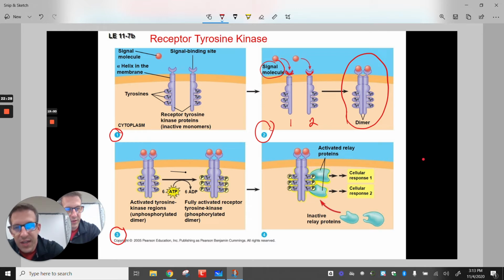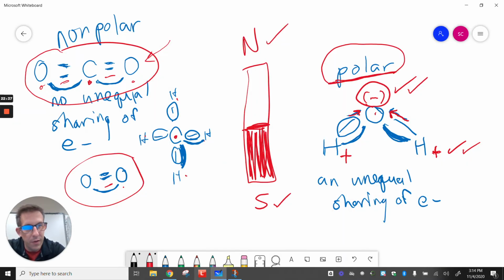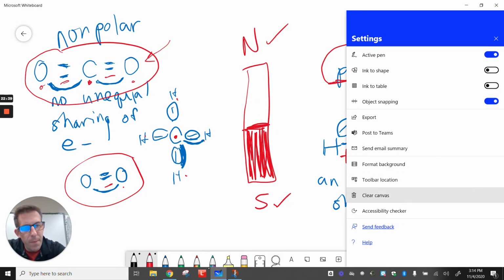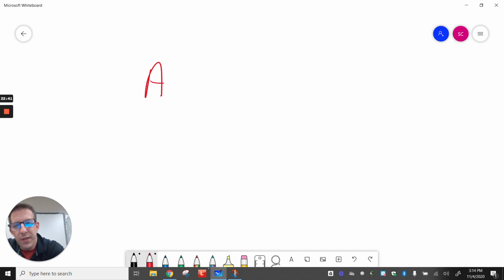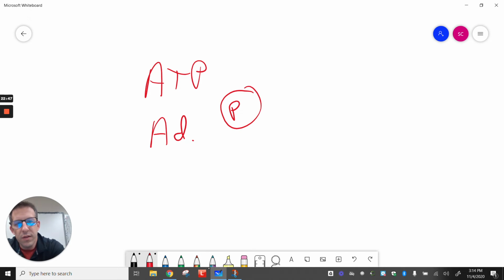Now, an activated tyrosine kinase is going to break apart ATP. One of the things that you get when you break apart ATP, I'm going to pull this up here, is that ATP is adenosine linked to 3 phosphates.